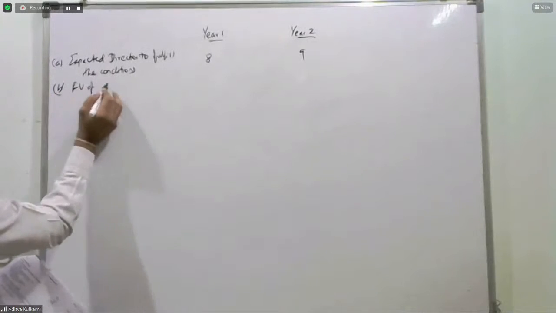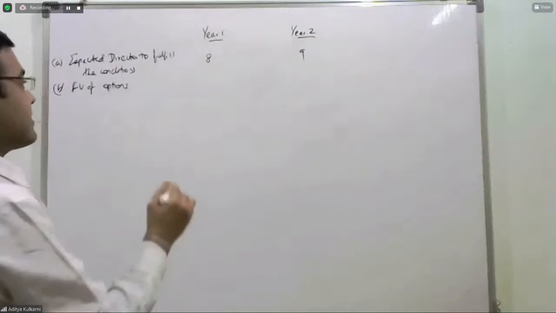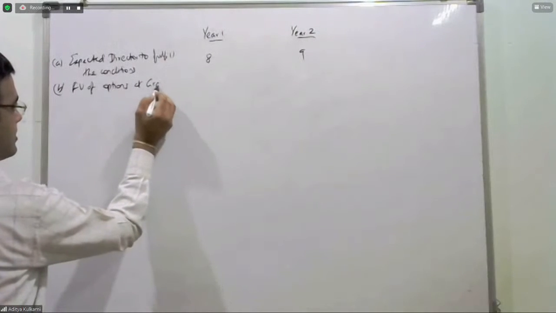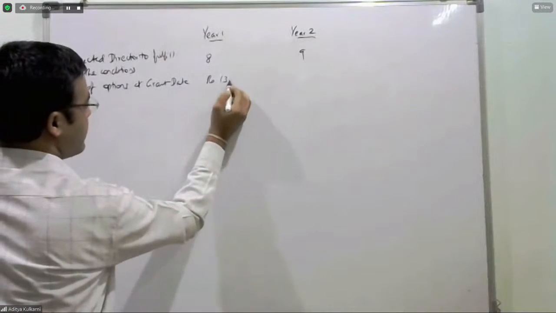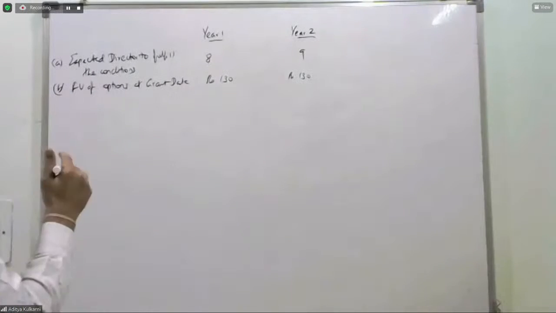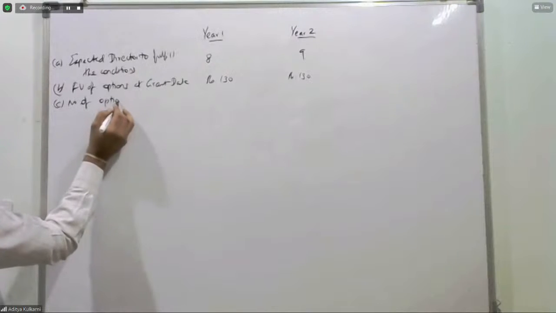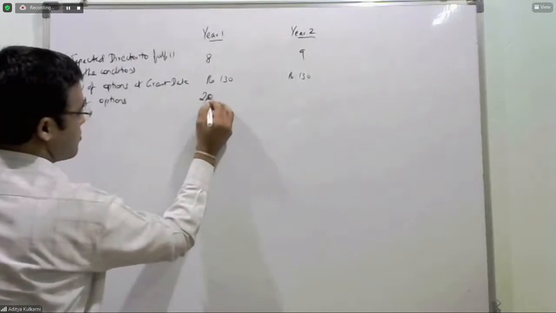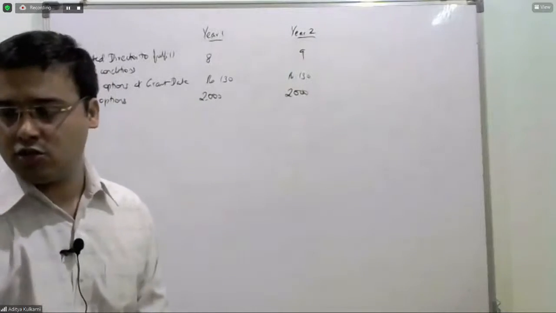Fair value of options at the grant date. This is initial at the grant date. How much is that? 130. What is the number of options? Number of options for each director is 2000.